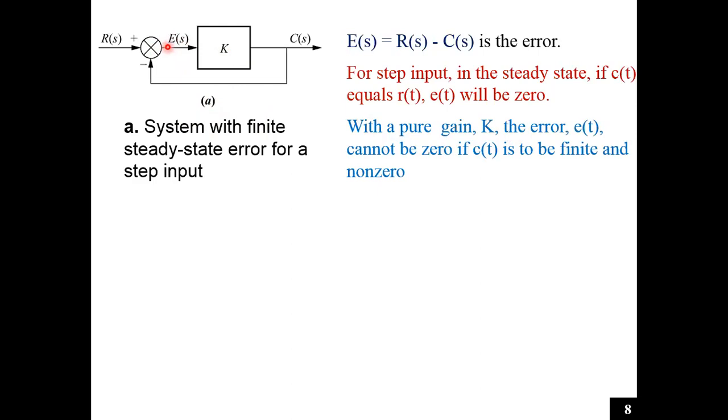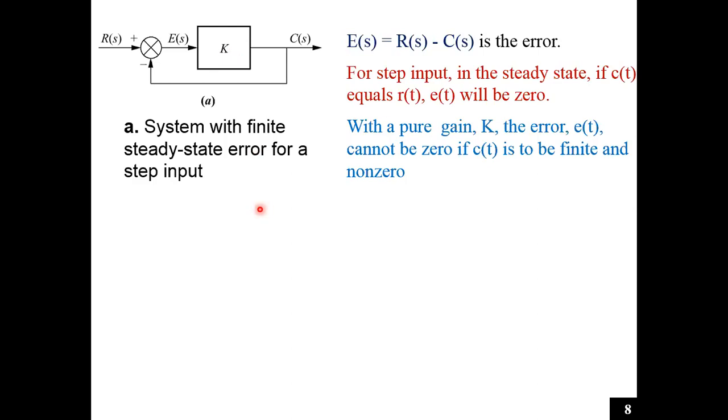If we make the error equal to 0, then the output will also be equal to 0, but we require a finite output. So E(s) cannot be 0.